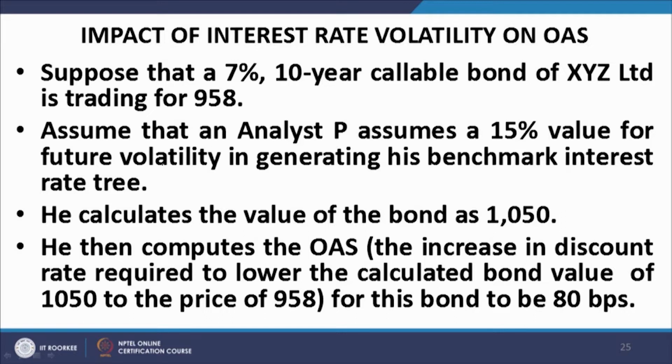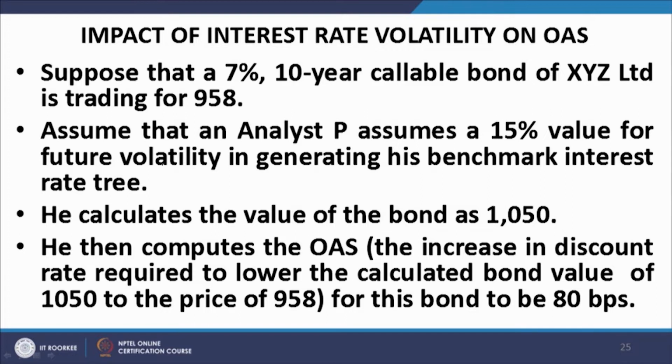He calculates the value of the bond as 1050. He then computes the option adjusted spread, the increase in discount rate. What is the option adjusted spread? It is the add on to the risk free rate which is required to lower the calculated value from 1050 to the market value, which is 958.